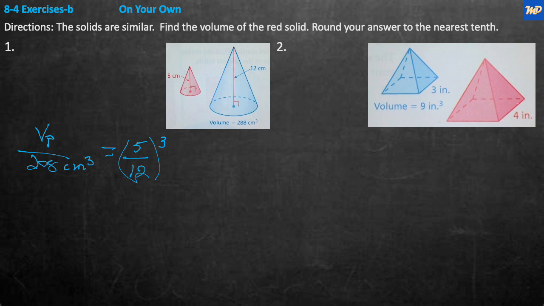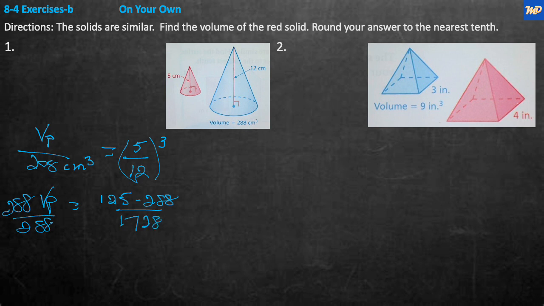And then to solve this, we have to multiply both sides by 288. So V of the pink times 288 over 288 is equal to 5 cubed, which is 125, times 288, divided by 12 cubed, which is 1,728.